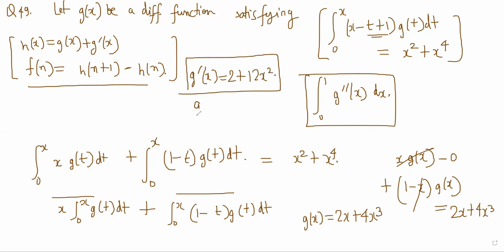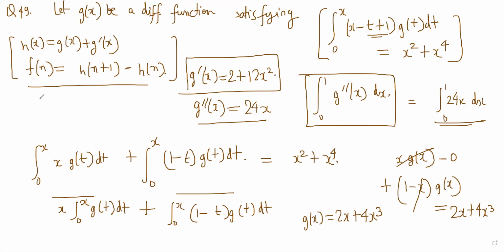So these are the values of your g derivatives, right? So 0 to 1 g dash x, g double dash x will be equal to integral 24x 0 to 1 dx. So that will make, correct, 24x double derivative, yeah.